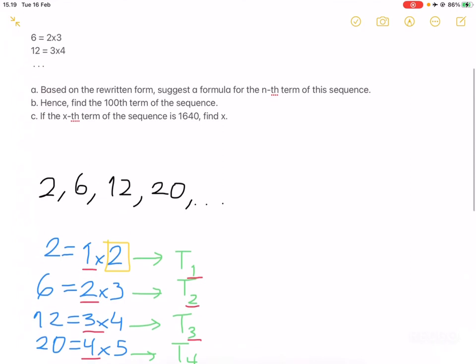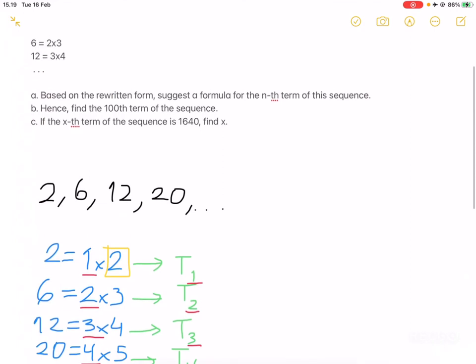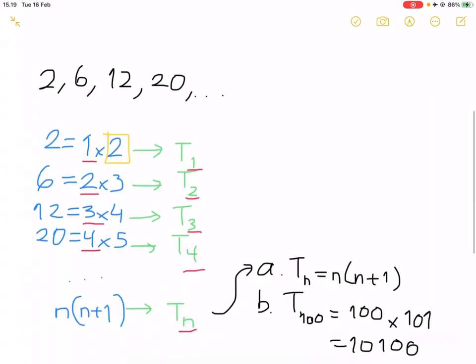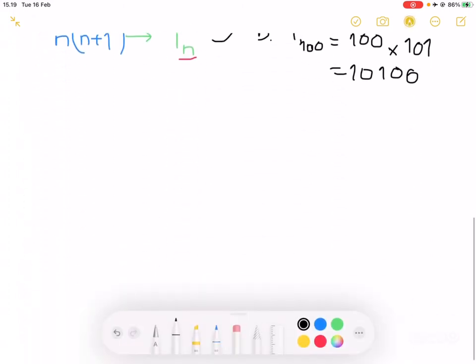For part C, if the x term of the sequence is 1640, find x. With this, you can just set up an equation in terms of x. So we know the x term, so that means T of x is equal to 1640.